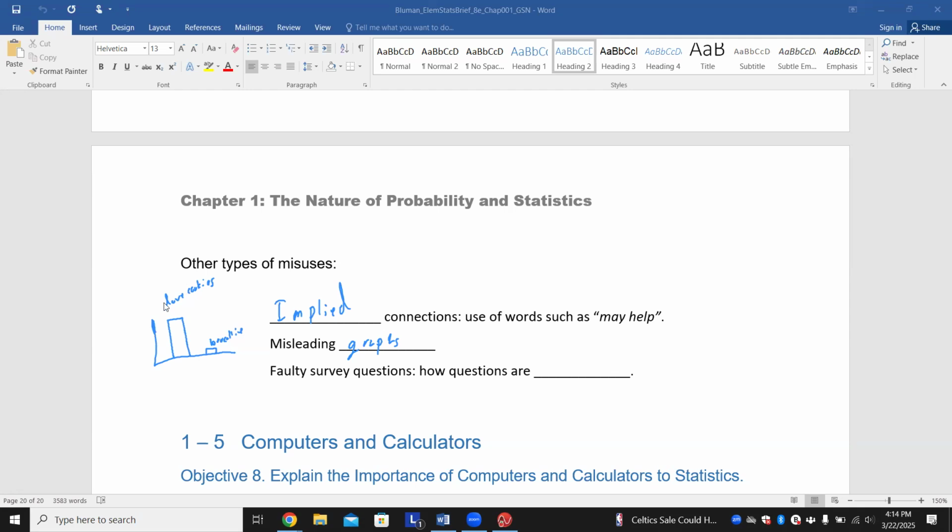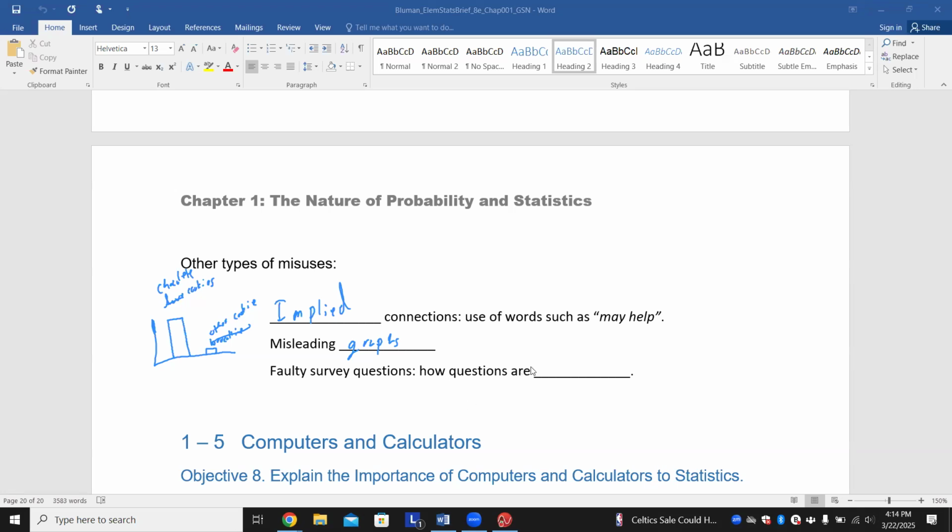Misleading, right? Bar charts, circle pie charts, histograms, all kinds of different things, misleading graphs to make it look good for them. Or they could say chocolate cookies here, right? Everyone loves chocolate cookies, and over here, other cookie. What other cookie? This cookie could be a broccoli cookie, right? And it's just misleading graphs.